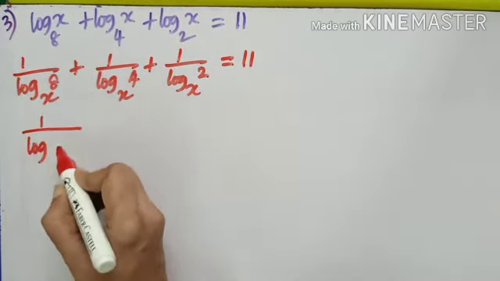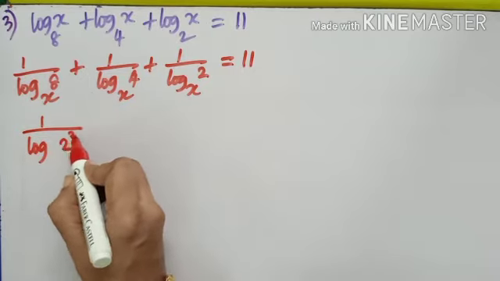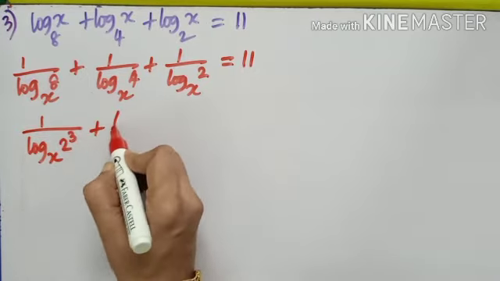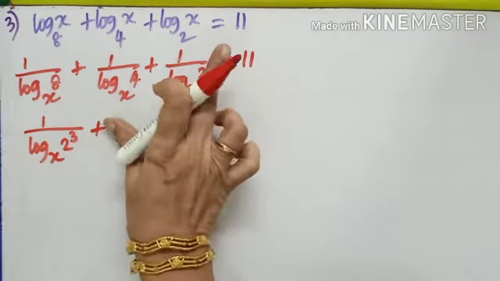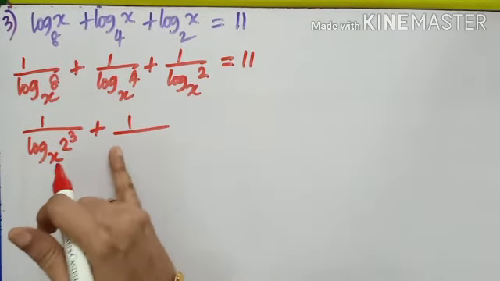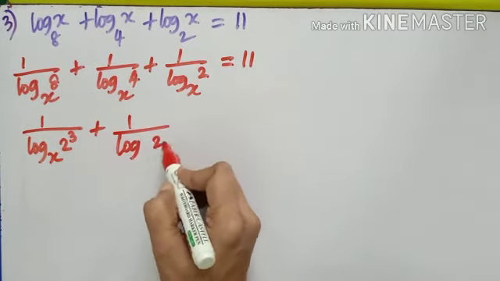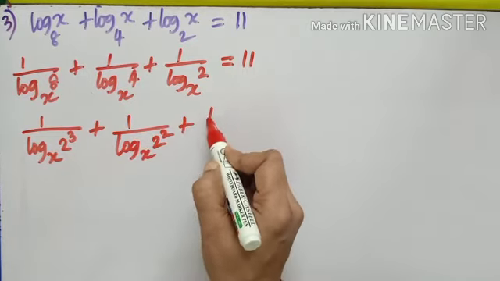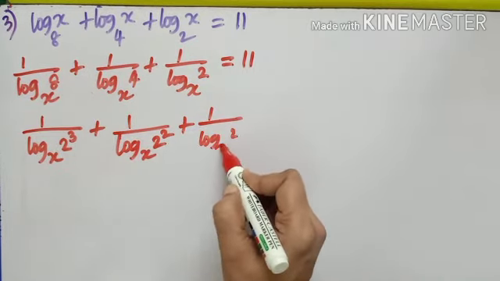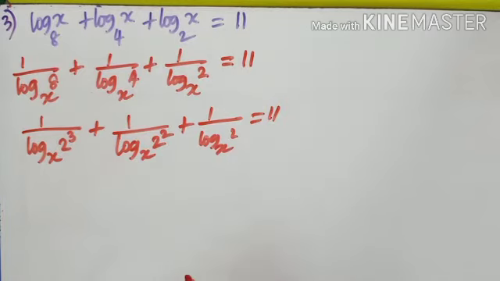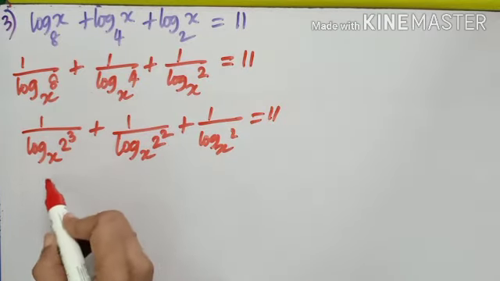Log 8 can be written as log 2 cube base x. Similarly, 1 by log 4 can be written as 1 by log 2 square base x, plus 1 by log 2 base x, which is 11. Again the power will come near.